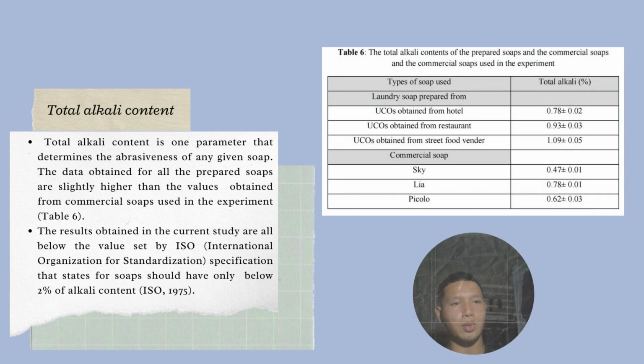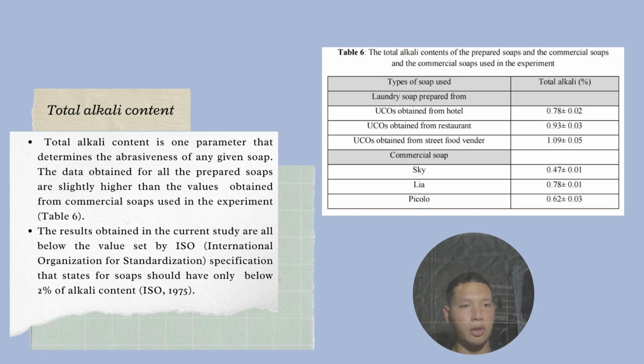Total alkali content is one parameter that determines the abrasiveness of any given soap. The data obtained for the prepared laundry soap determine the total alkali to be in the range of 0.78 plus minus 0.02% to 1.09 plus minus 0.05%. The commercial laundry soaps used in the test were in the range of 0.47 plus minus 0.01% to 0.78 plus minus 0.01%, as shown in table 6.